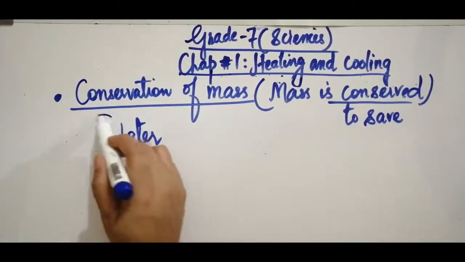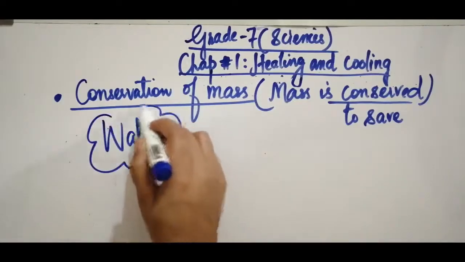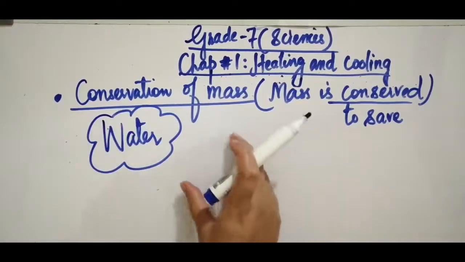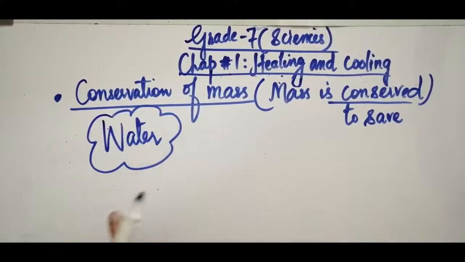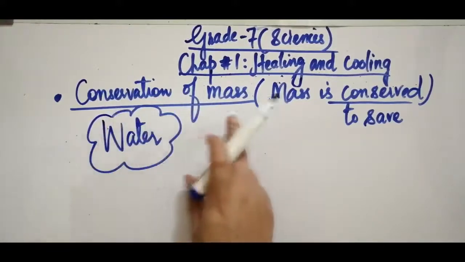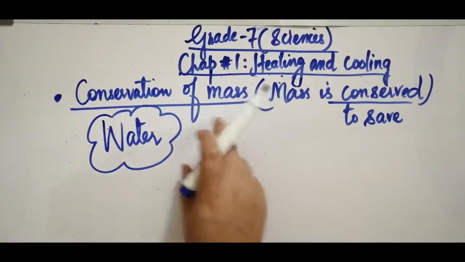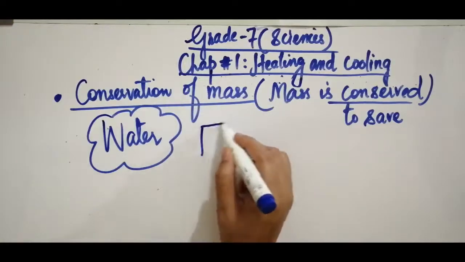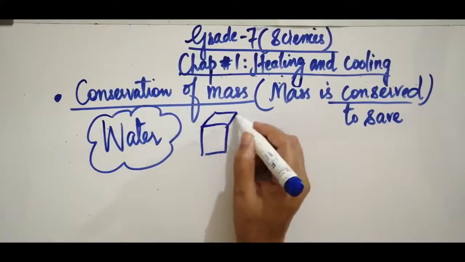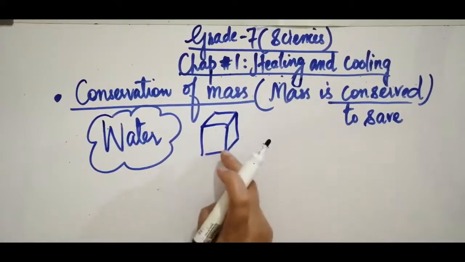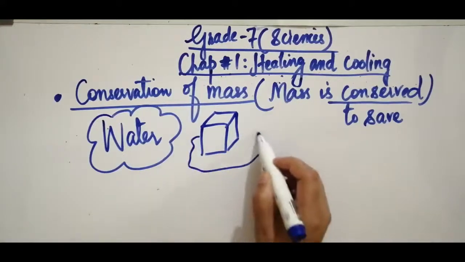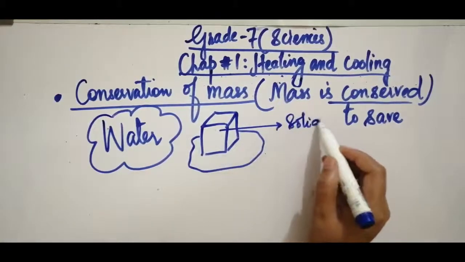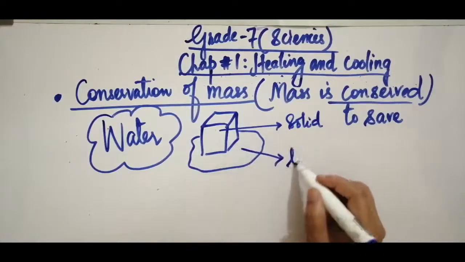So this is the speciality of this substance, that it exists in all three states of matter, and we are mentioning it here as an example of conservation of mass. What exactly is happening here? If I take once again the example of an ice cube and provide heat to it, what happens to it? Its solid state will be converted into its liquid state.